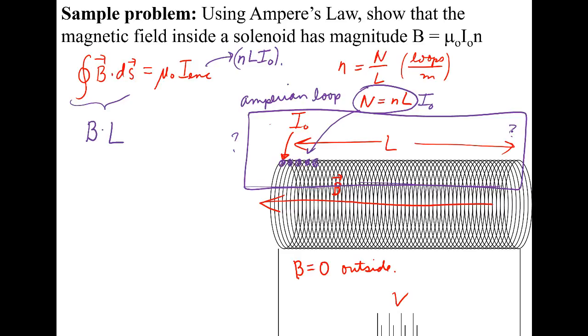It doesn't matter because there's no field that we're going along, and we're not enclosing any current going that way. The right side will therefore be equal to mu naught I enclosed, which is n L I naught, and L is going to cancel out to give us a field equal to mu naught I naught n, which is what we set out to do.